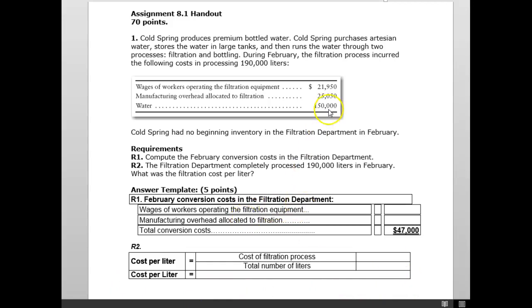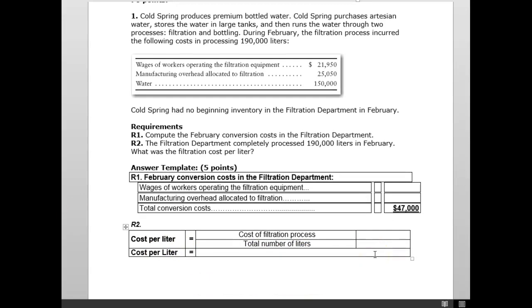So you have $150,000 plus the $47,000, and you divide that by 190. Those two costs together equal $197,000. Divide that by 190,000, and you should come up with the cost per liter. So you're putting everything together and then breaking it back down into a unit, because the units really aren't distinguishable from one to the other.